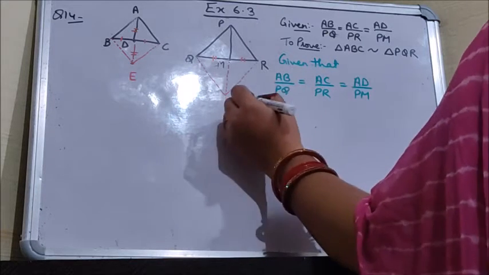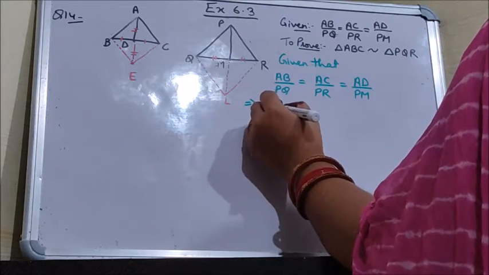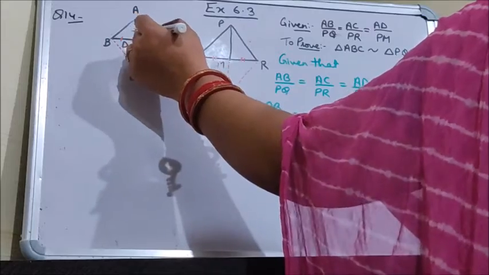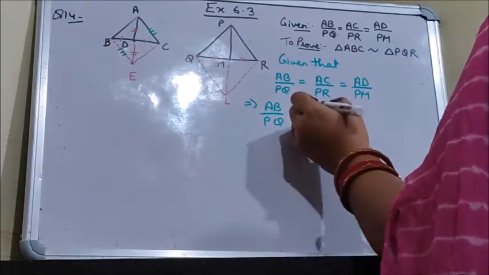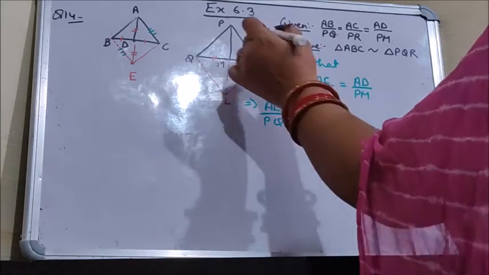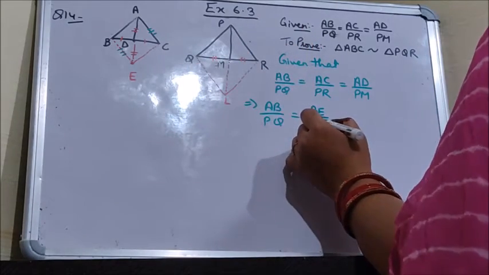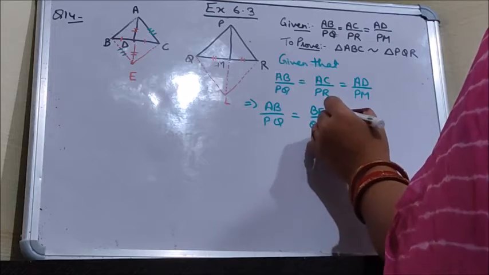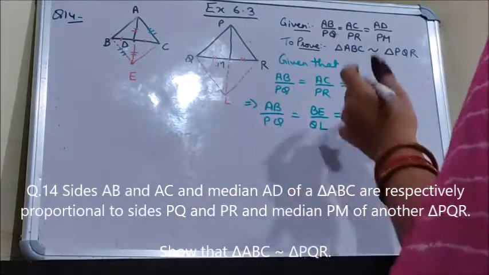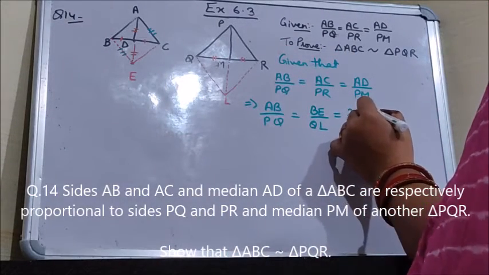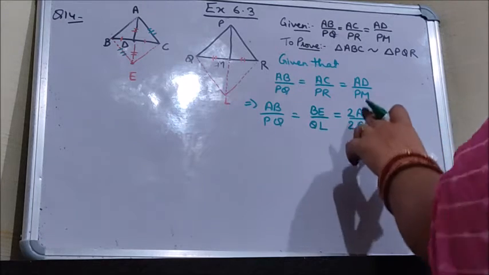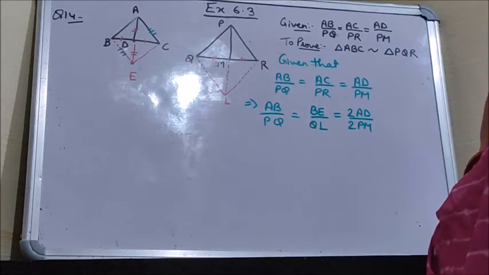In place of AC, we can put BE, and in place of PR, we can put QL. For AD upon PM, if I take 2 times AD and 2 times PM, it will not affect our equation because we are multiplying by 2 in numerator and denominator both.